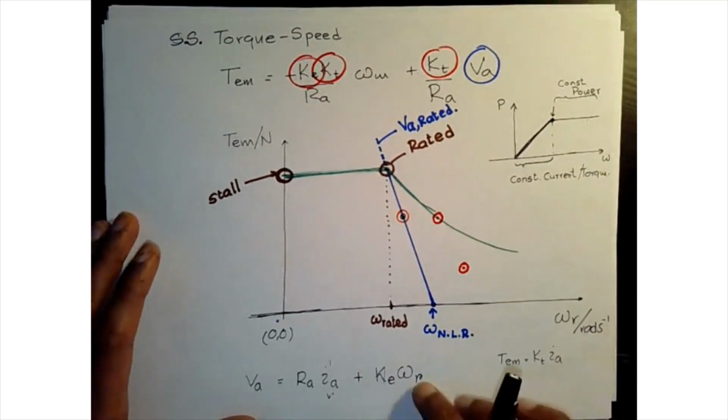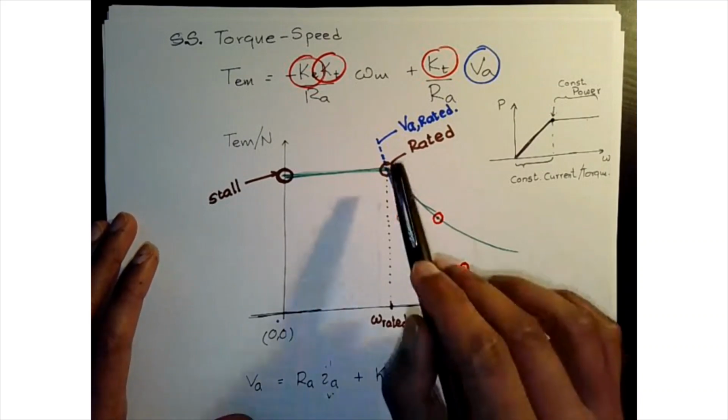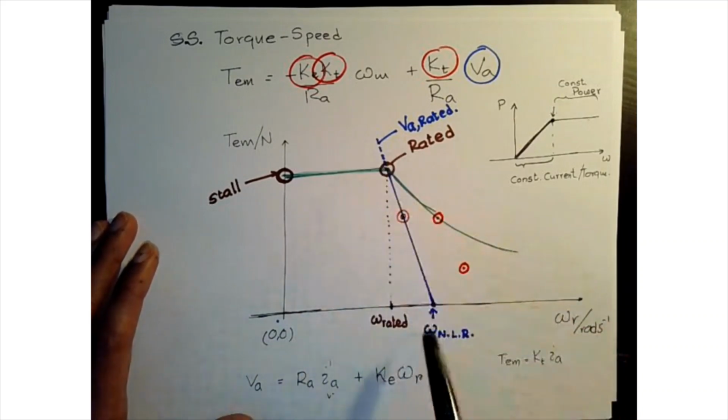Right. So field weakening is basically changing Ke, right? You're reducing the amount of field current, and when you do that, you change Ke. Let's say we reduced Ke, right? What can we say will happen to our operating curve?